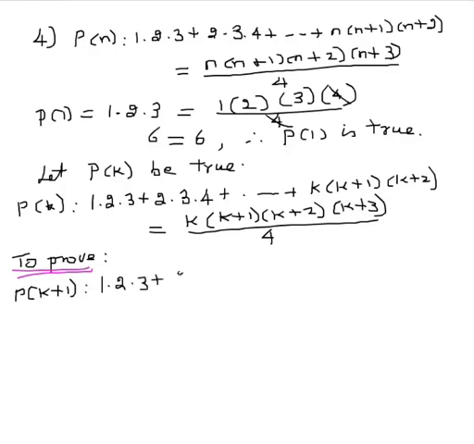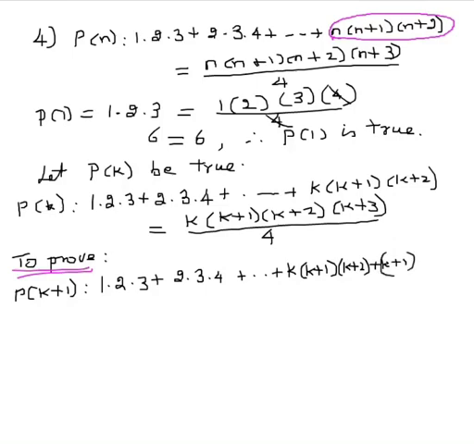1 into 2 into 3 plus 2 into 3 into 4 plus etc. I am writing the kth term. Now let us write k plus 1th term. For k plus 1th term, put n as k plus 1 in that step. So first one is n, which is k plus 1. And then second one is n plus 1, k plus 1 plus 1. N is k plus 1, so it becomes k plus 2.